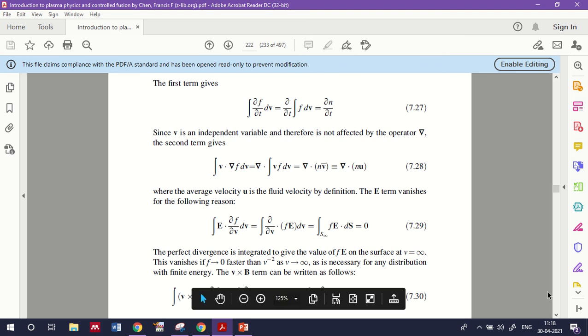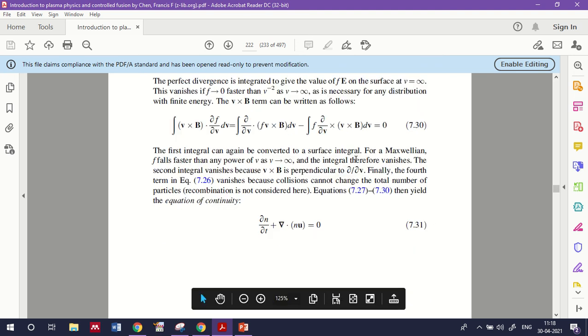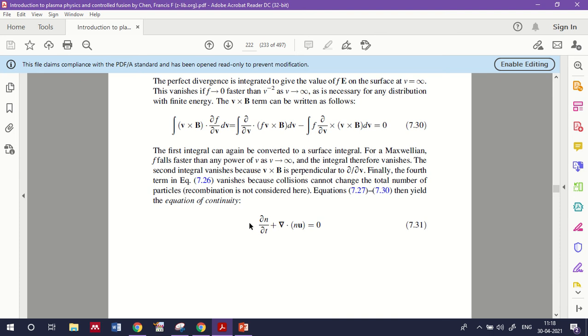Then we have seen that v cross b dot dou f by dou v dv is also 0. Finally, in that equation we only have two terms, dou n by dou t and del dot nu; all the remaining terms are 0. On the right hand side, the equation also becomes 0 because the collision cannot change the total number of particles present in a plasma.